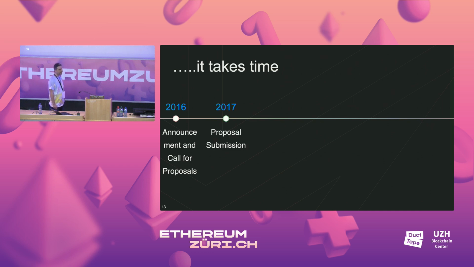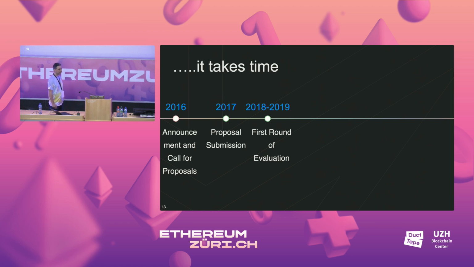Already in 2017, people started to propose new cryptography based on the assumptions we've seen in the previous slides. Some were based on lattices, some on codes, some on multivariate. What happens in this kind of situation is like a Danger Game, where cryptographers try to kill others' proposals until one wins. Or in this case, there's not only a single winner, but the idea is to have a few proposals that will replace the elliptic curve cryptography that we deploy now.